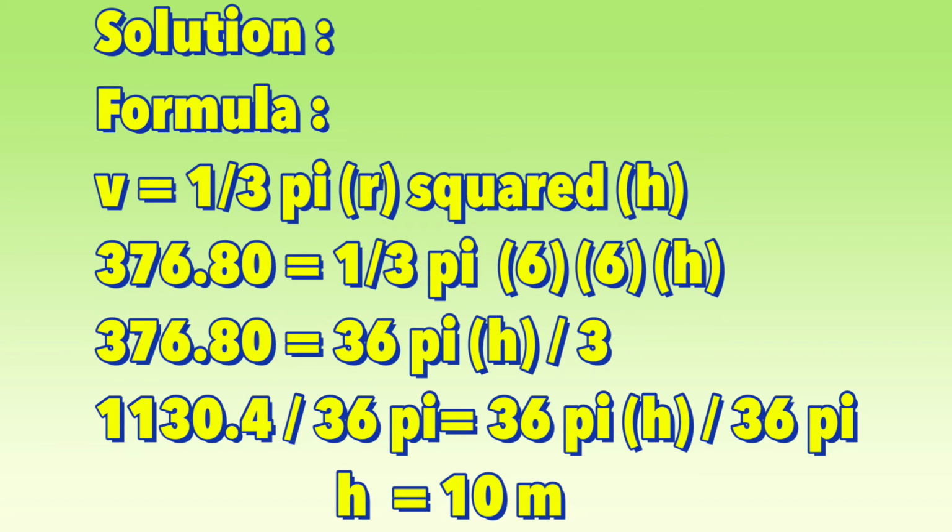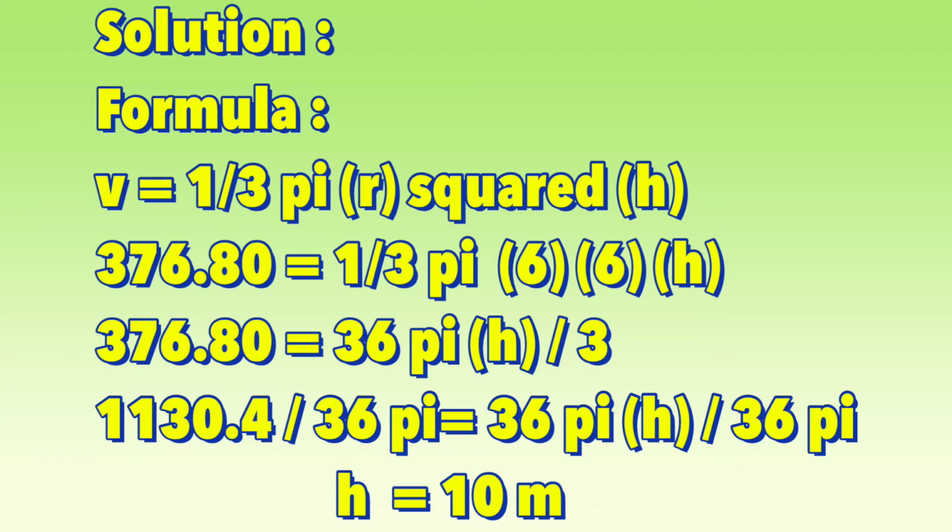Then just to eliminate the denominator on the right side of the equation, we have to multiply both sides by 3. So 376.80 times 3, we have 1130.4, and the right side of the equation equals 36 pi height.